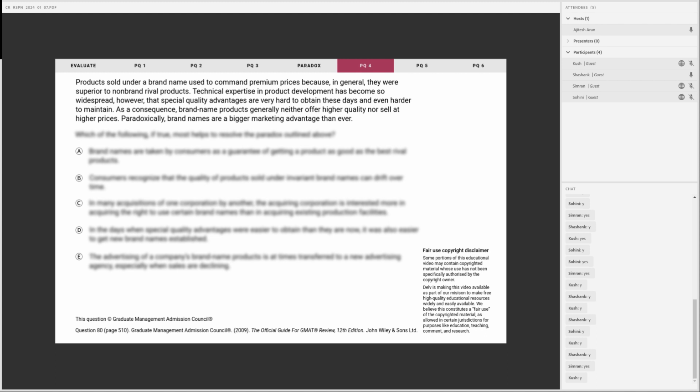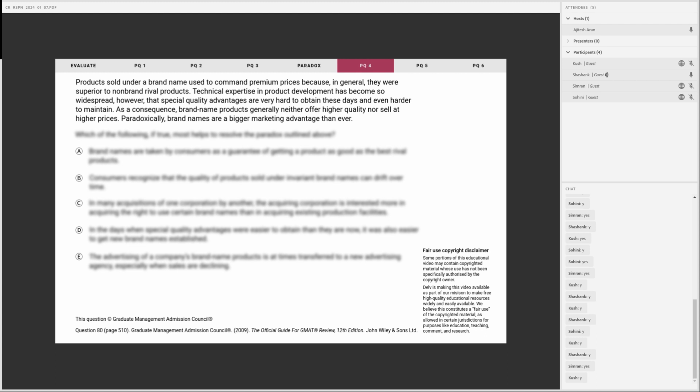I think it basically says here that, for example, in today's world where product development has reached a point where special advantages are equal, basically meaning that the quality of the products that you see on the market today are pretty much the same.